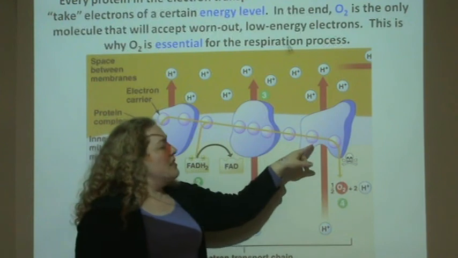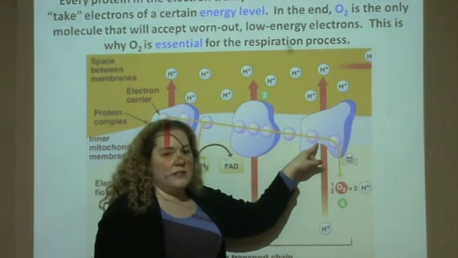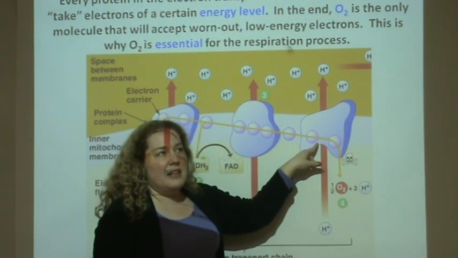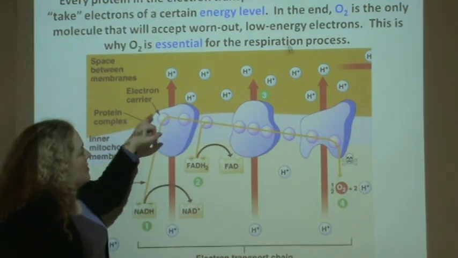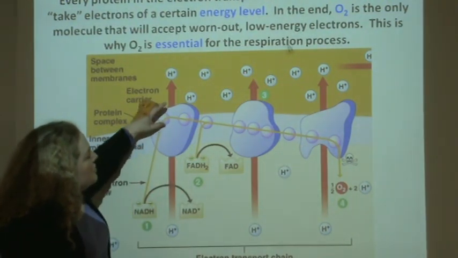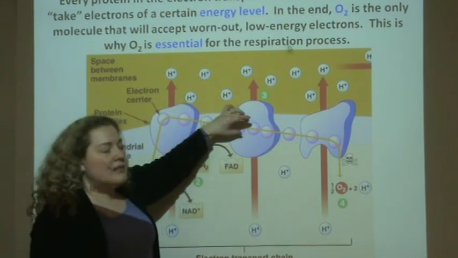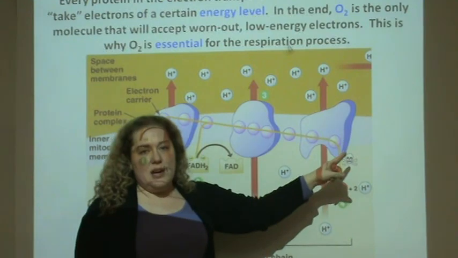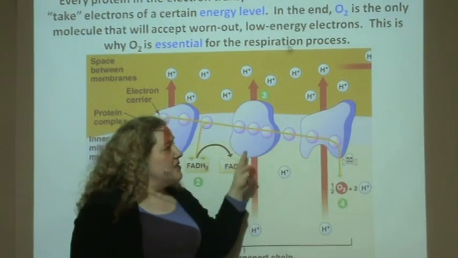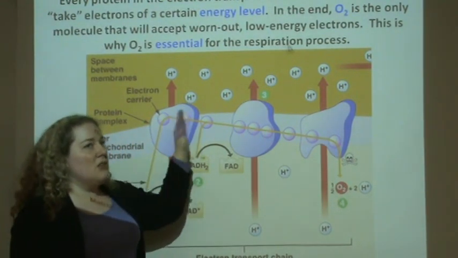And the third protein in the chain prefers to pick up electrons that are even less energized. So in a way, this relates to how the electrons are going down in energy as they pass through this chain. But also, energy is not ever completely lost from a system.